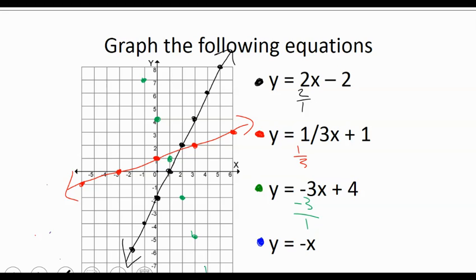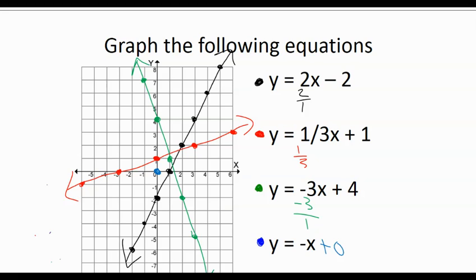And I'm going to connect them with a line. Finally, the blue one here. The blue one's a little tricky. So y equals -x. So first thing I need is my y-intercept. There's nothing there, but I know that's the same idea as plus 0. So my y-intercept is 0, and my slope.